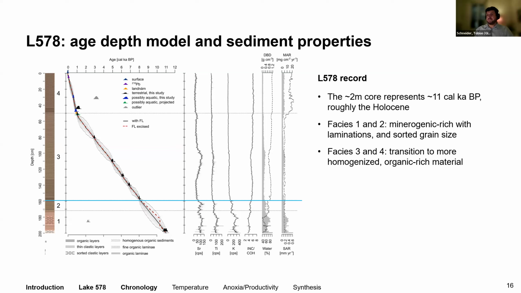years BP. Here on the left-hand side, we see a pictograph of the sediment properties and different facies, 1, 2, 3, 4. And the first two facies, they are very clay rich.